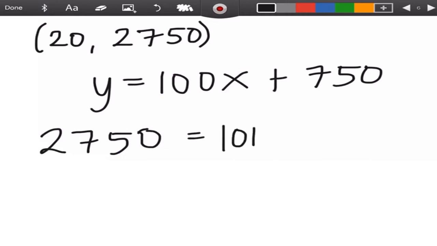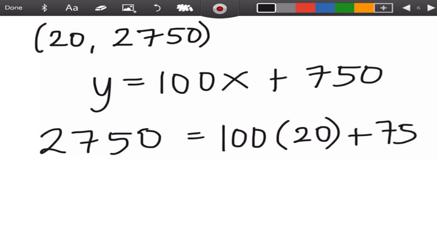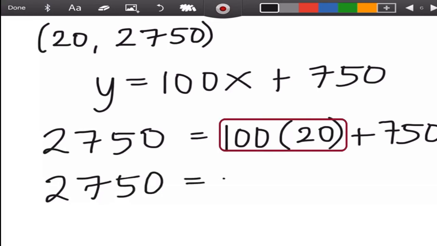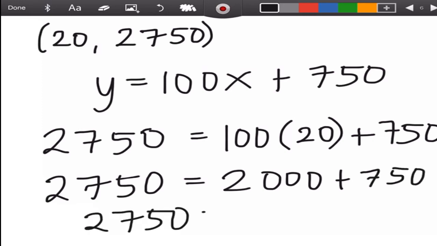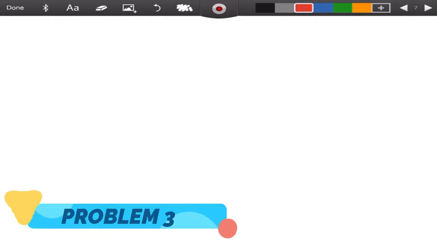Equals 100 times 20, which is the x, plus 750. So we have 100 times 20, that is 2,000, plus 750. So 2,750 equals 2,750. The answer is correct.